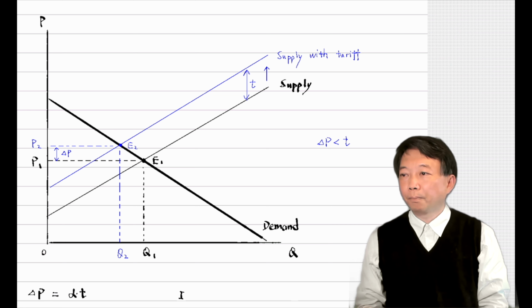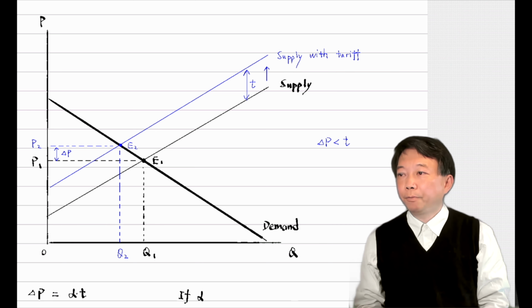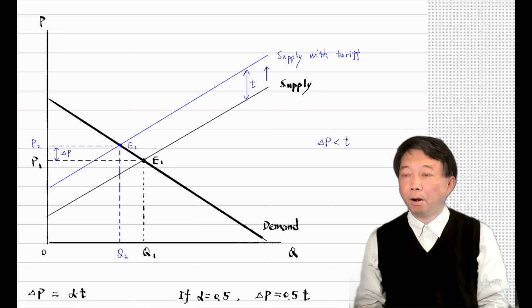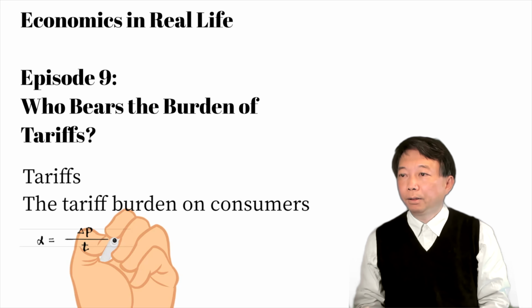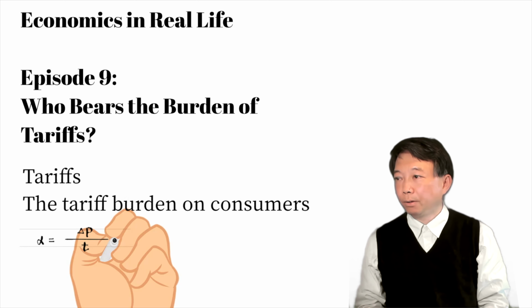For instance, if alpha equals 0.5, then the price increase is half of the tariff, meaning that consumers bear half of the tariff. The larger alpha is, the closer the price increase is to the full tariff amount, and the greater the consumer burden.